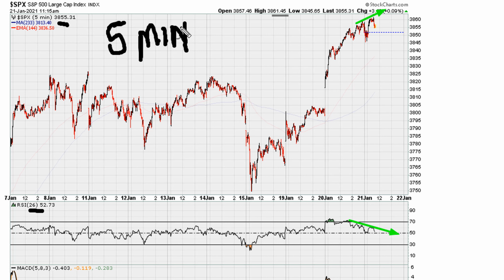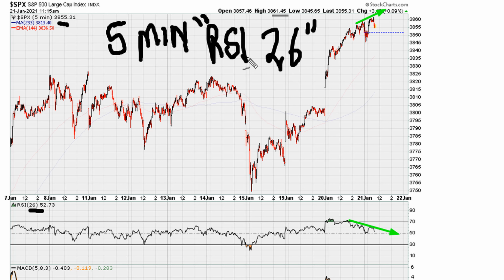And your RSI setting is at 26. The reason why I use 26 is because I'd like to remove as much noise as possible. 26 is, of course, 13 times 2. This is the number we are taking advantage of in this setting right here.